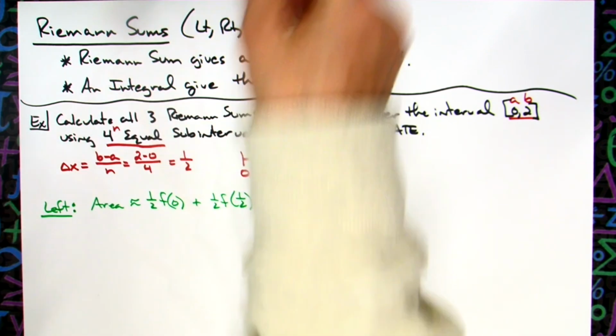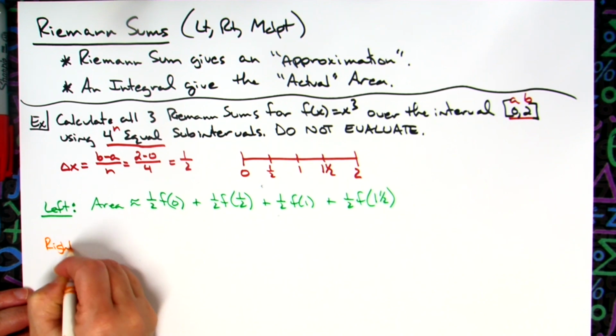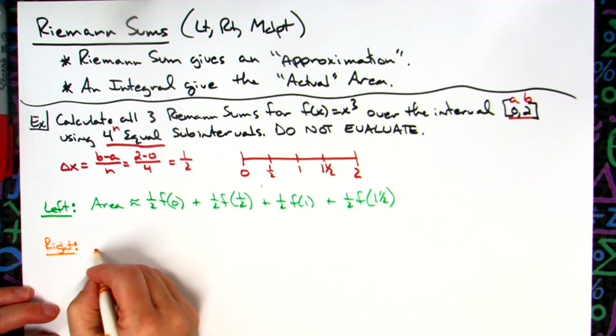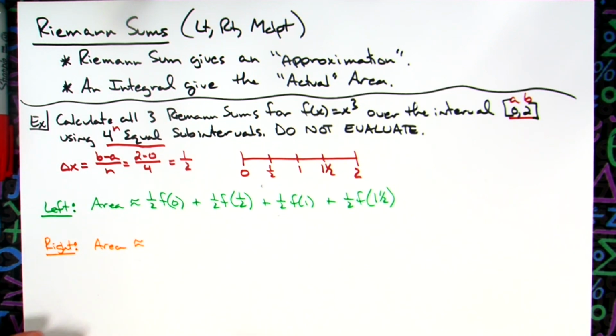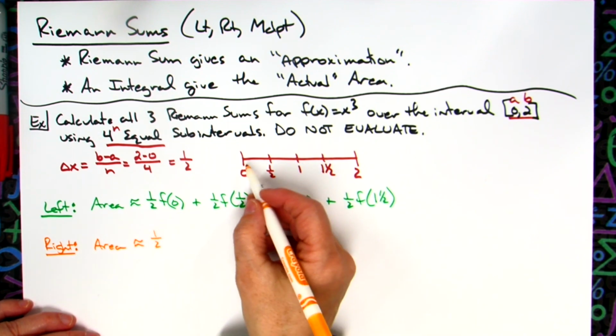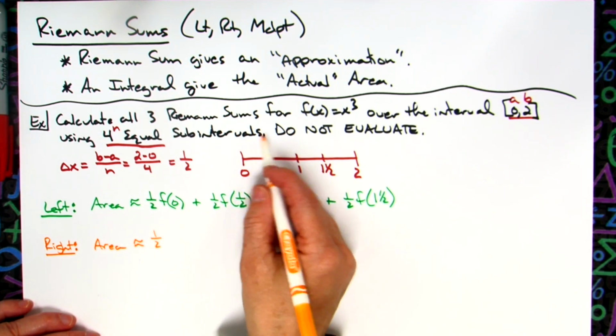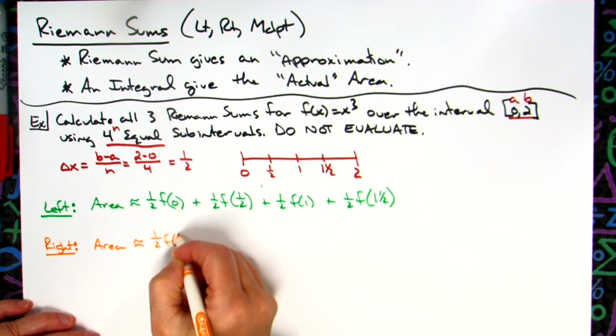Now let's do a right. Again, I might start out with the area is approximately equal to. Width is going to stay the same, 1/2. But on this first rectangle, my right endpoint is the 1/2, so f of 1/2.